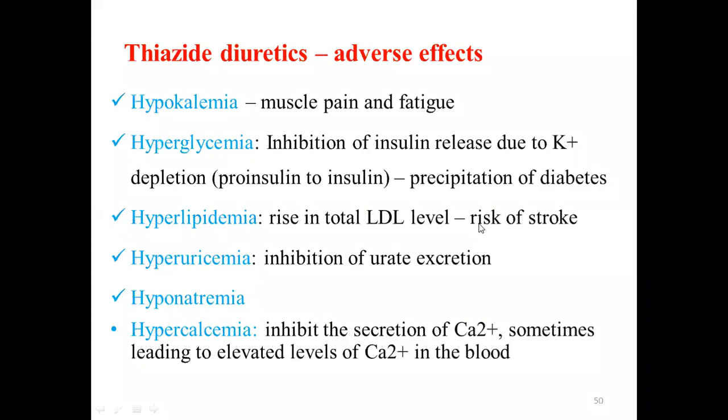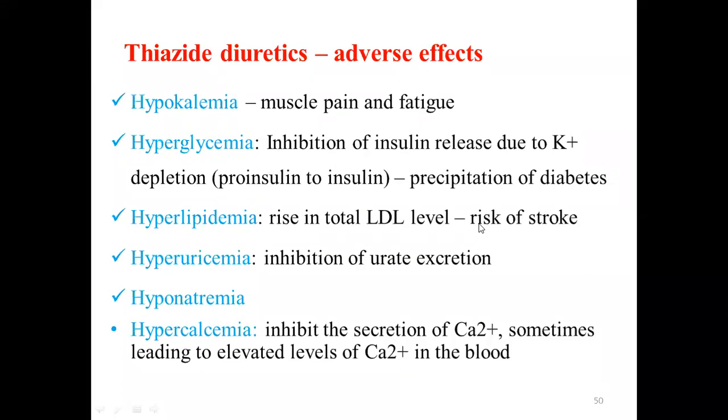Gout. Someone can get gout because uric acid crystals can form. Okay, good. So if someone has gouty arthritis and you initiate thiazide diuretics, for sure you are worsening the condition. That is why when you are reading something, you have to look at everything in totality.